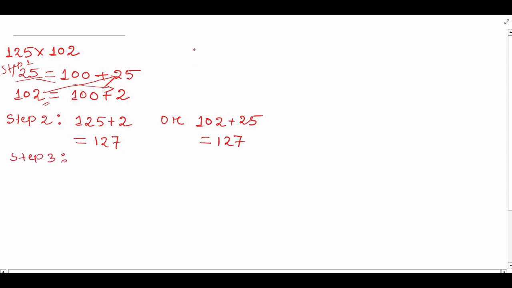Now in step 3, the same process will be followed. 25 into 2 we have to multiply, then we will get 50.